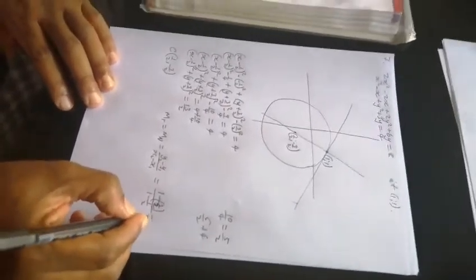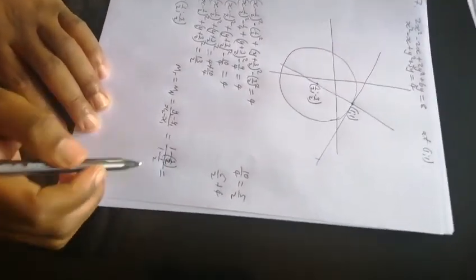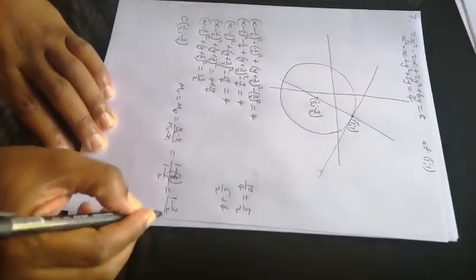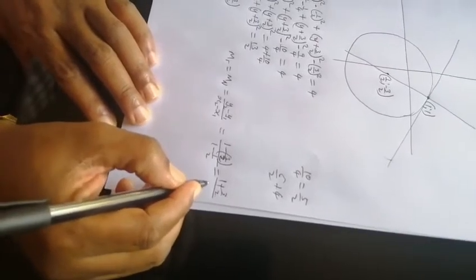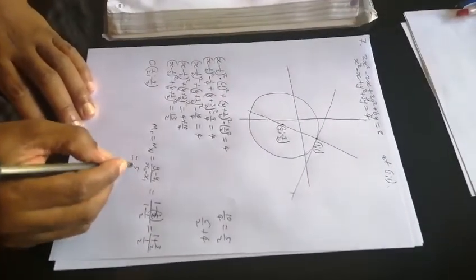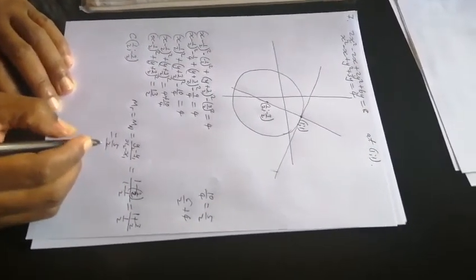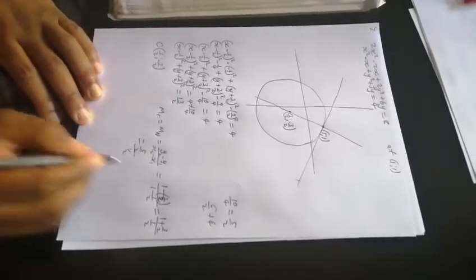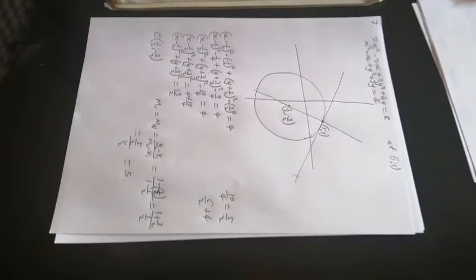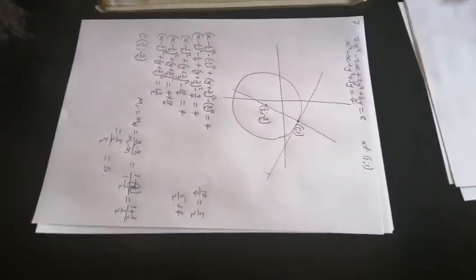This reduces to 5 over 2 over half. 5 over 2 divided by half gives us 5. The gradient of this normal is 5.